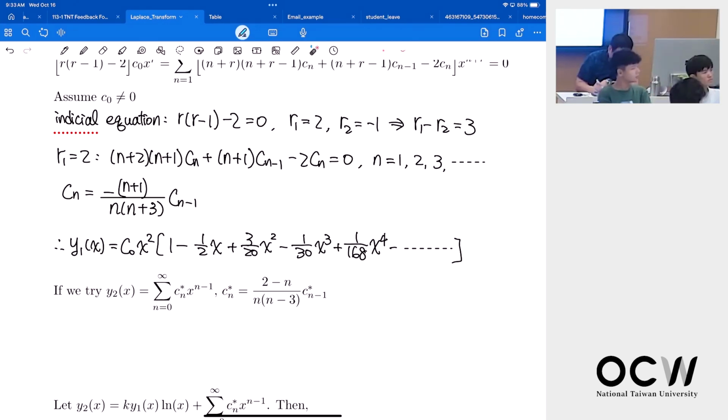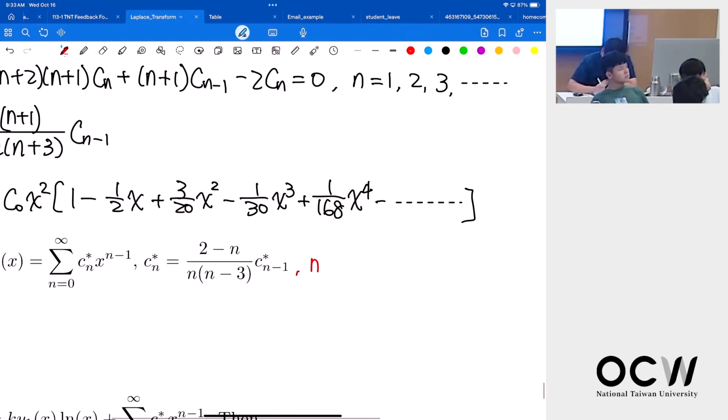But you can see that in the denominator, when n equals 3, that goes to 0, which means it is not defined at n equals 3.